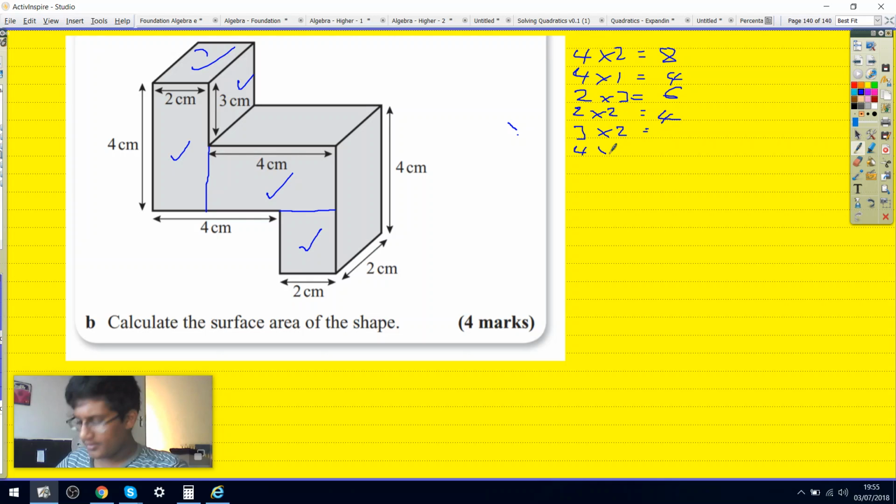We're not done yet because we've done all of those sides, but we have to do the bottom sides and the other side. I think you can just double the answer, because they're just the opposite.